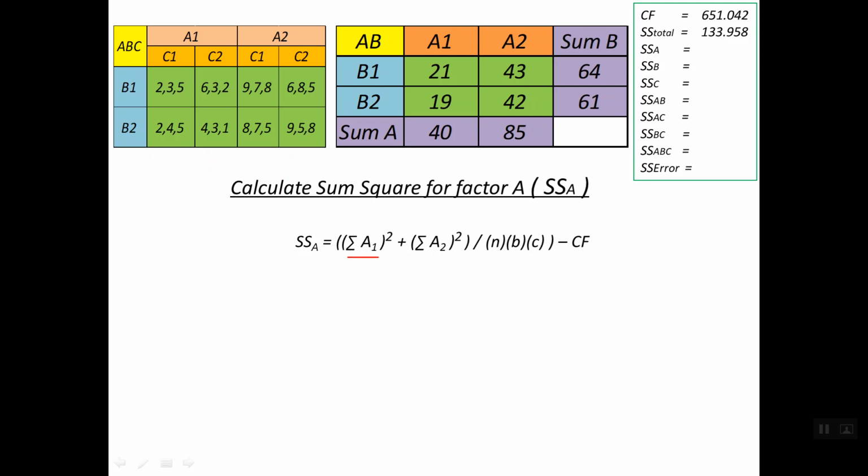So we should have the summation for A1, and we square it, plus the summation of A2 squared, divided by the number of observations in one of A1 or A2, minus the correction factor.